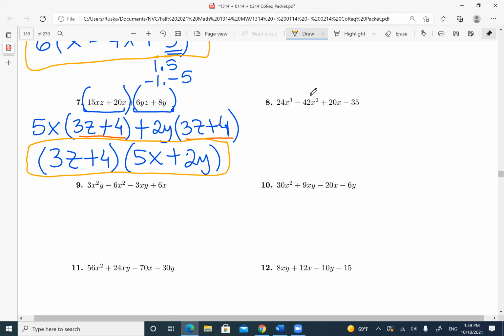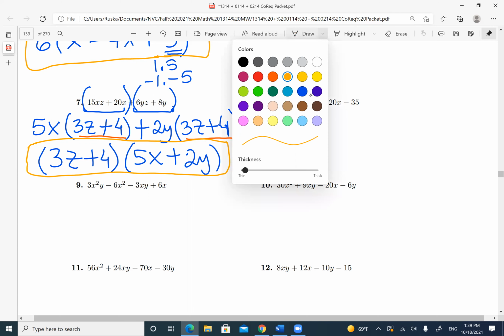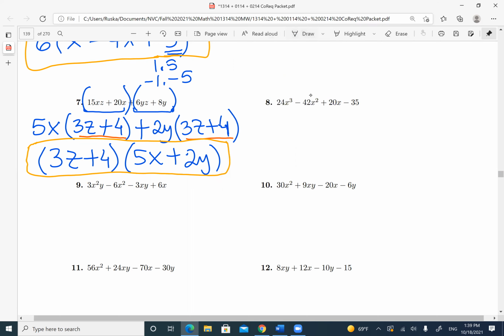Okay, so now let's go ahead and do number 9. We're doing it the same way. I'm going to look all the way from the first to the last term. There are 4 terms. Do they have anything in common, all of those? They have 3 and x, so all of the terms have 3x.